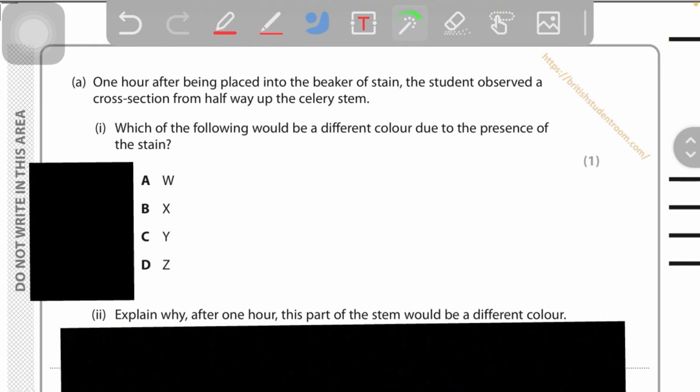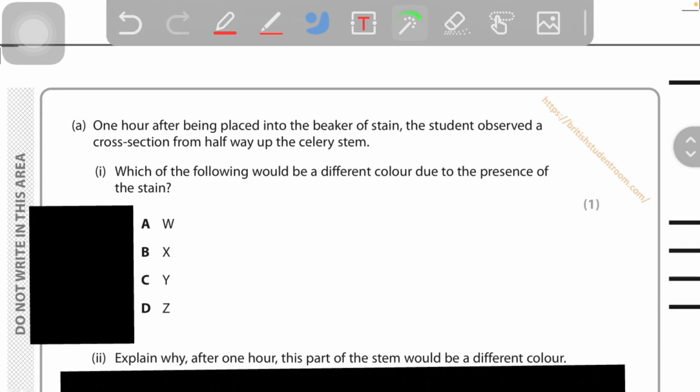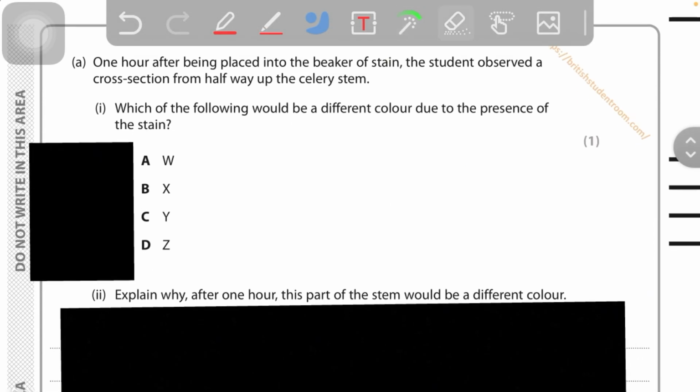It's the xylem, right? The xylem transports water from the roots to the leaf. So if it takes up the stain, the first thing we will notice colored is the xylem. Here the xylem is Z. So the answer is D.